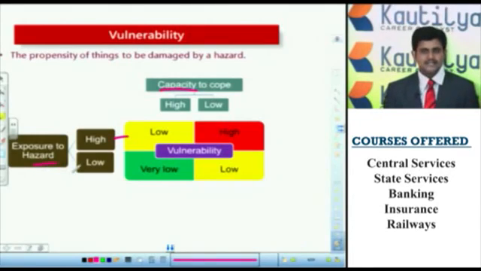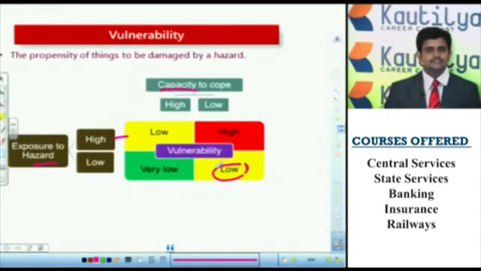If hazard exposure is low and capacity is high, then vulnerability is very low. If exposure to hazard is low and capacity is low, then the vulnerability will be low. What I am trying to say is, the lower the vulnerability, the less is the impact of disaster; the higher the vulnerability, the more is the impact of disaster.